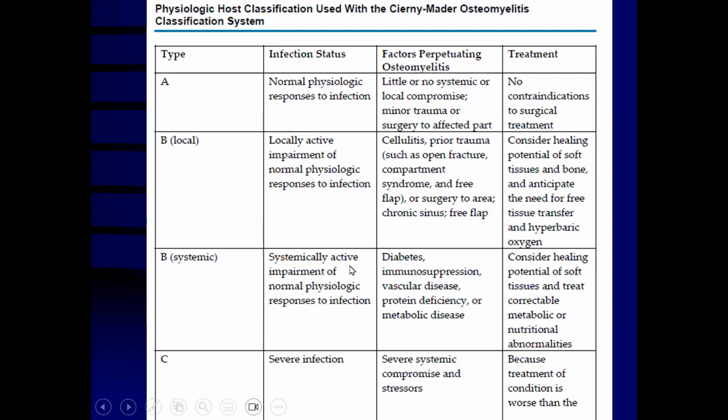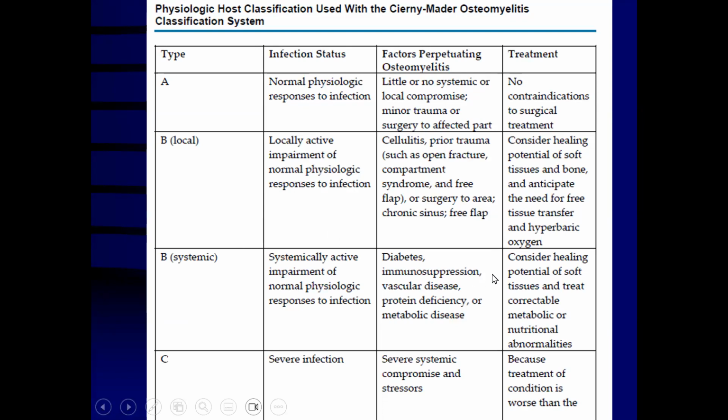Type B is a systemic active impairment of normal physiologic response to infection. And type C, as type 4 in the Cierny classification, is a severe infection. You should look at these tables. You should memorize these tables because they come, okay? Look at them in your books, in your review books.